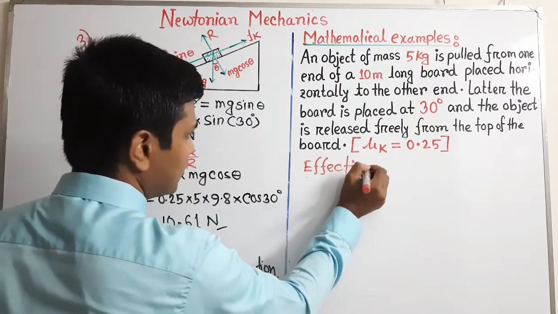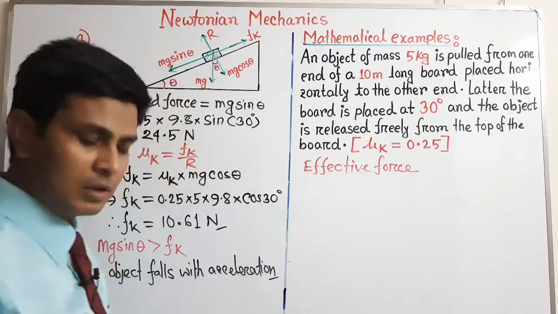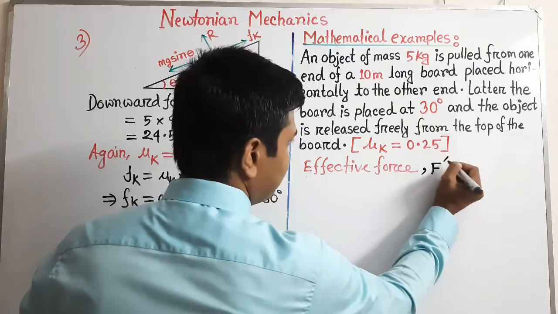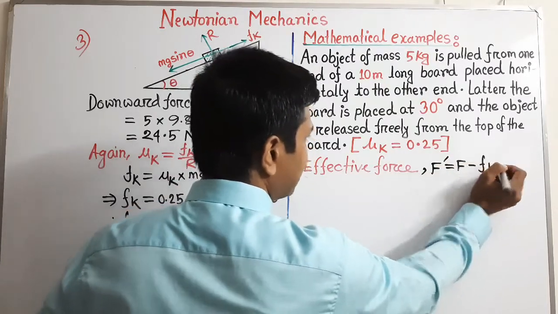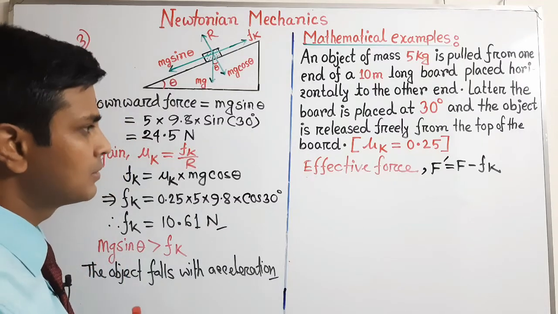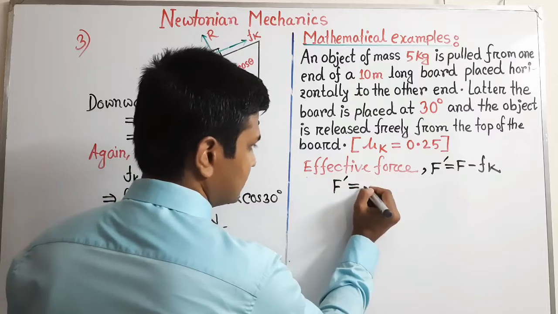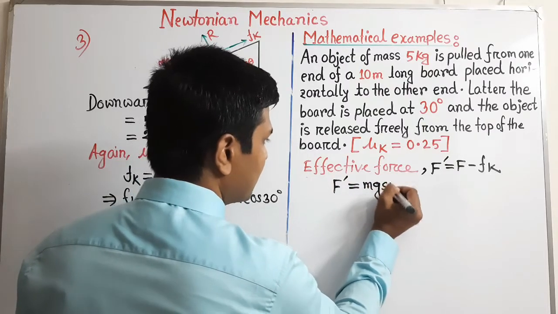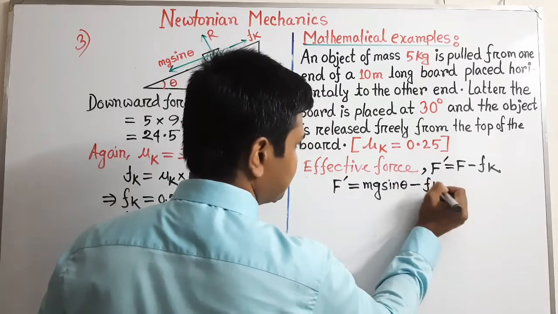Effective force is F prime. Effective force is equal to F minus Fk, that means applying force minus frictional force, which is mg sin theta minus Fk.